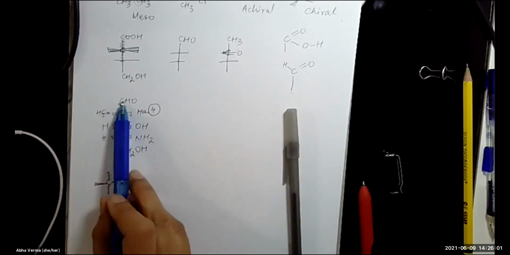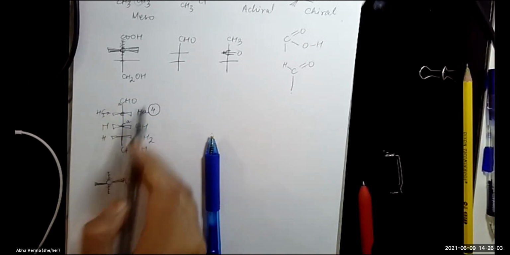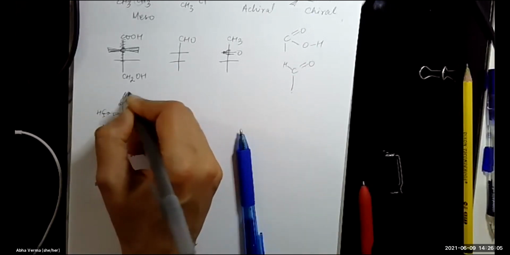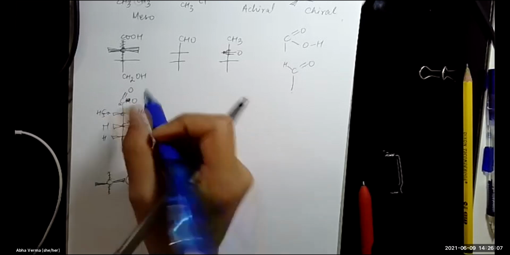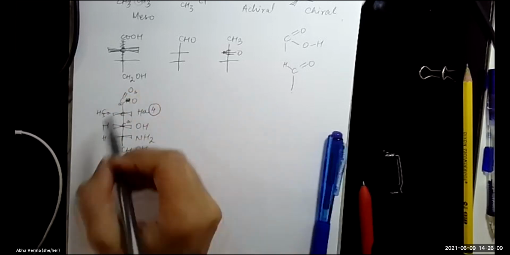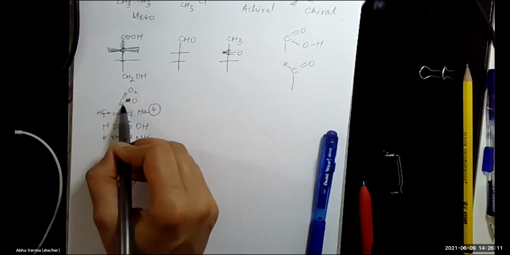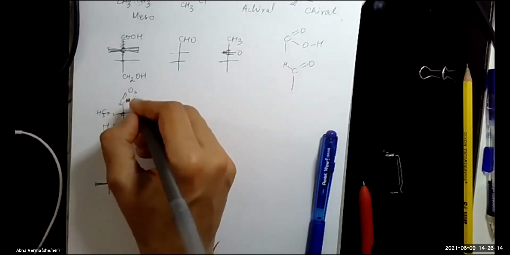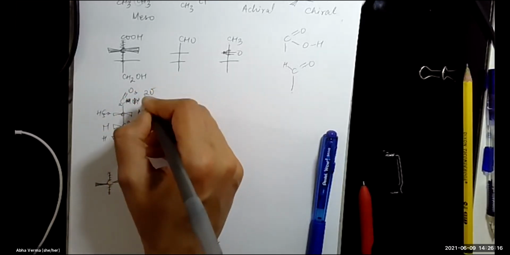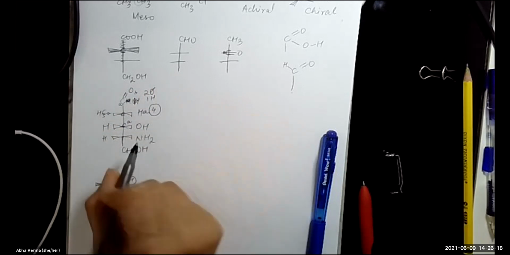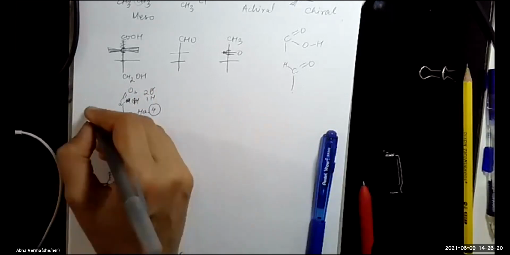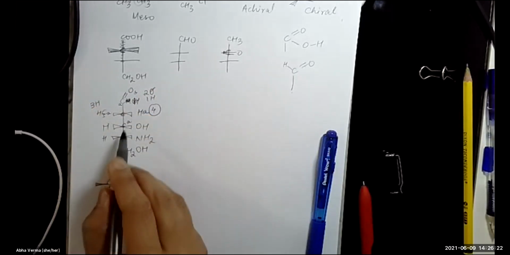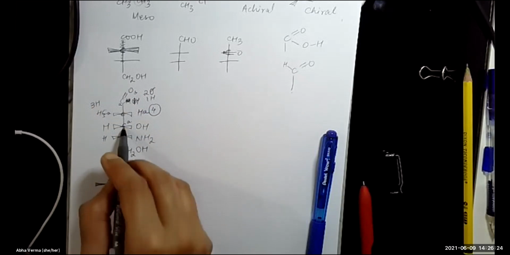Between all the rest of these 3, I see that this carbon, the next atom on this carbon, atom B, what is on this carbon? I have 2 oxygens and 1 hydrogen. What do I have on this carbon? I have 3 hydrogens. What do I have on this carbon?